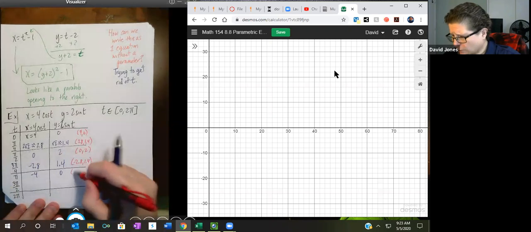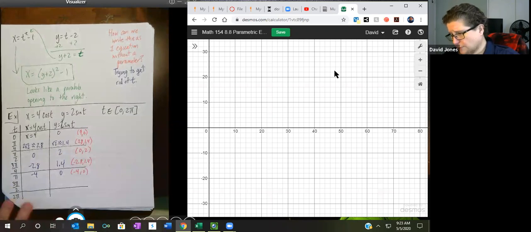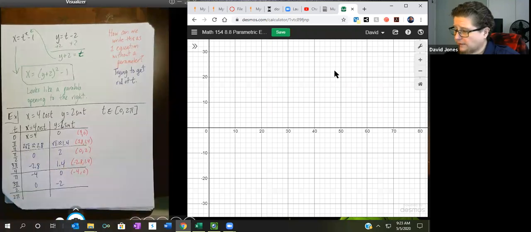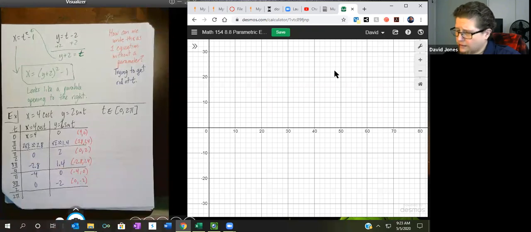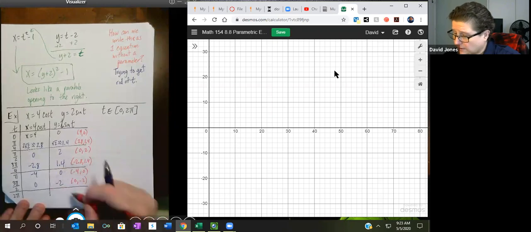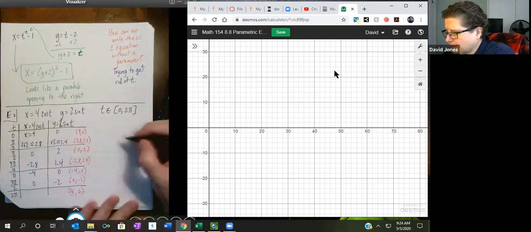We get negative 4 comma 0. Three pi over 2, cosine is 0, and y is negative 1... no, y is negative 2. And 2 pi should get us back around to 4, 0. So this doesn't look like a very complicated graph.